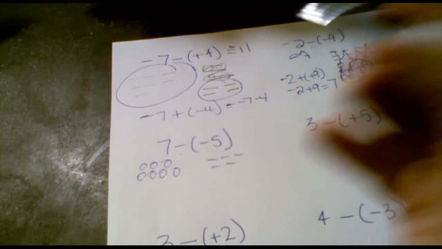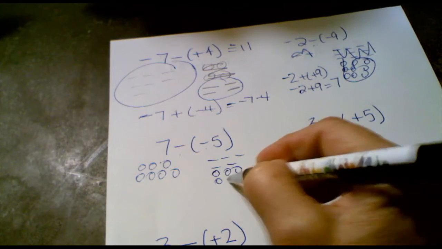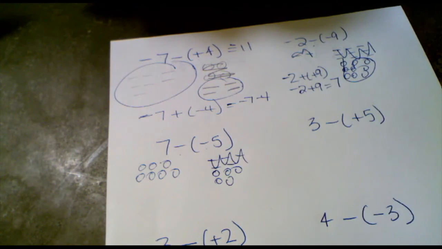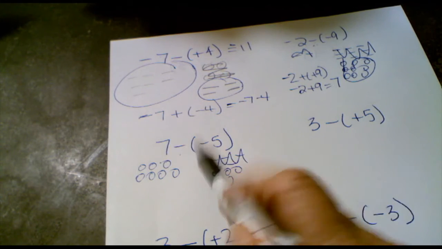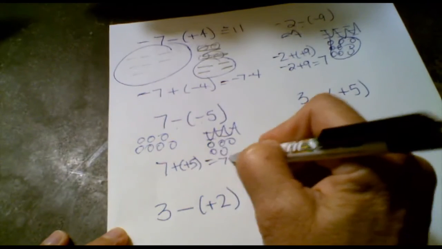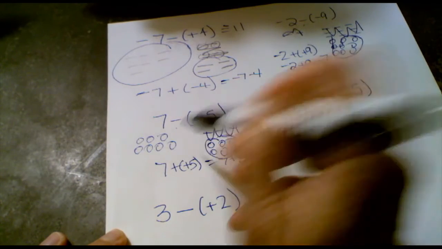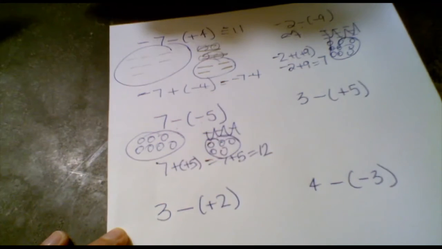It just doesn't work. So I need to get rid of my negatives. I zero them out by bringing in my positive 5s. This now becomes 7 plus +5, which in essence has become 7 plus 5, which gives me 12.